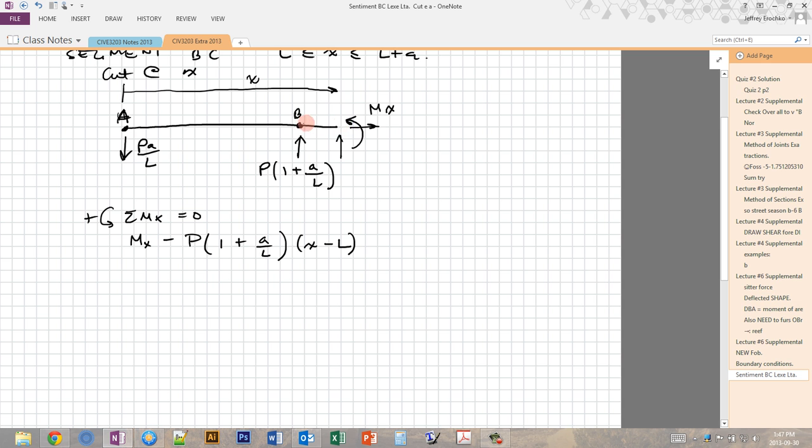So that's the distance here. So the total distance is x, this distance is L, so the distance from the x location to B is x minus L. And then plus PA over L times x equals 0.